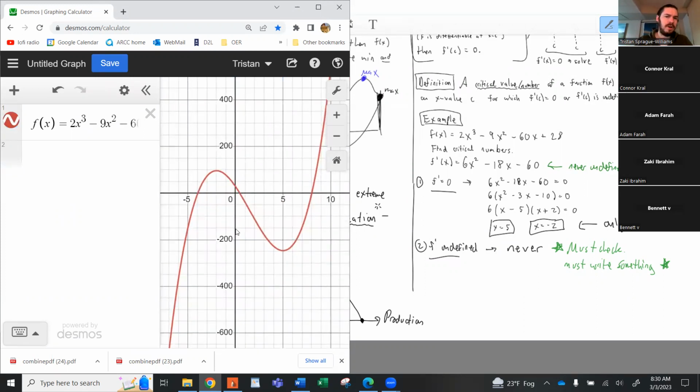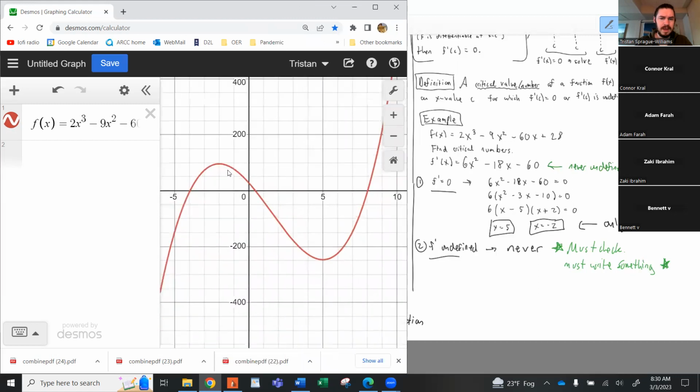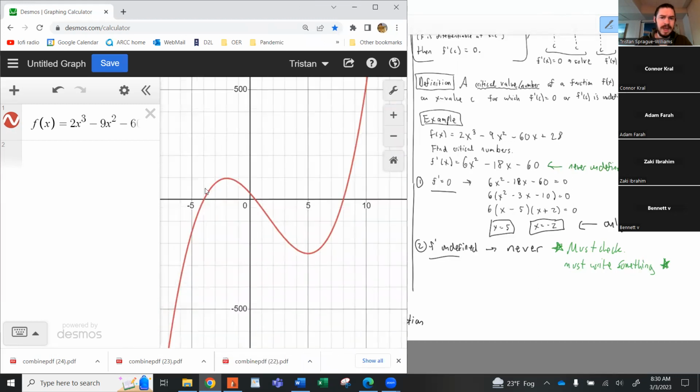So there's our graph, and as you can see, it is a classic cubic polynomial shape with a local maximum at this point and a local minimum at that point. So those x coordinates, -2 and 5, are the numbers that we computed by setting our derivative equal to 0 and solving the equation.